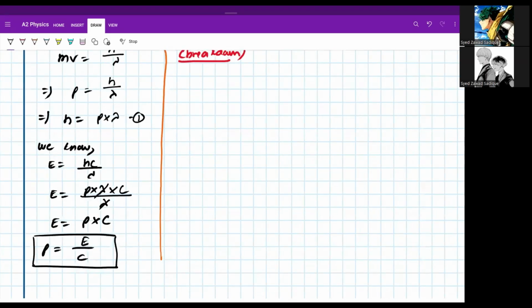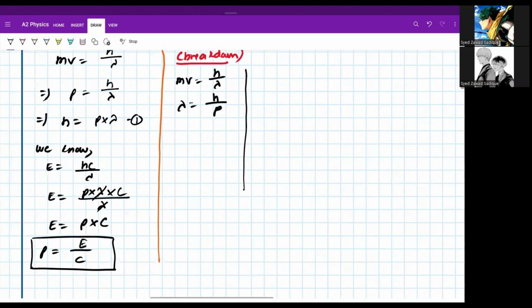So as I said, mv we know is h by lambda. Let's draw two lines here. We can say lambda is equal to h by p, because mv is equal to momentum.